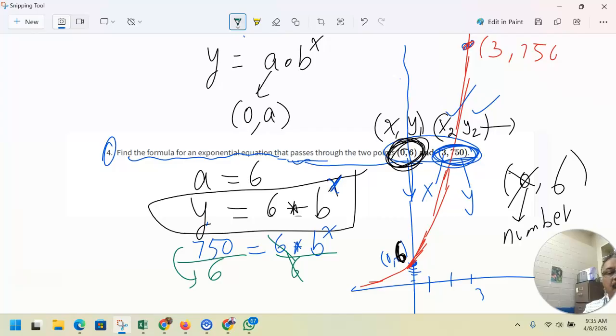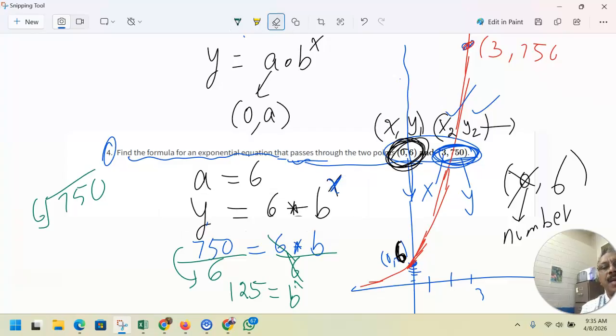If you do a little maths here, you'll get 125, with the calculator, or you can do mental maths, or you can do 750 divided by 6 like this. Anyway, now you have b raised to x, and I forgot to put the value of x here. x is 3, so that 3 goes right here. So b raised to 3.